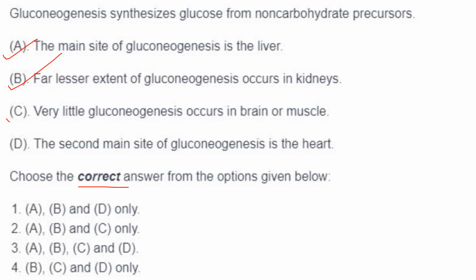That is correct. The second main site of gluconeogenesis is the heart. No. The first main site is liver, and after the liver it is the kidney cortex, that is the second main site of gluconeogenesis. So D is not correct. So the answer here is option A, B, C, that is option 2.